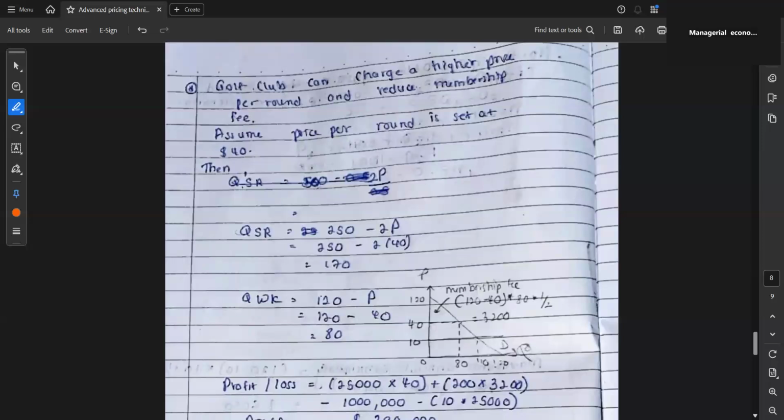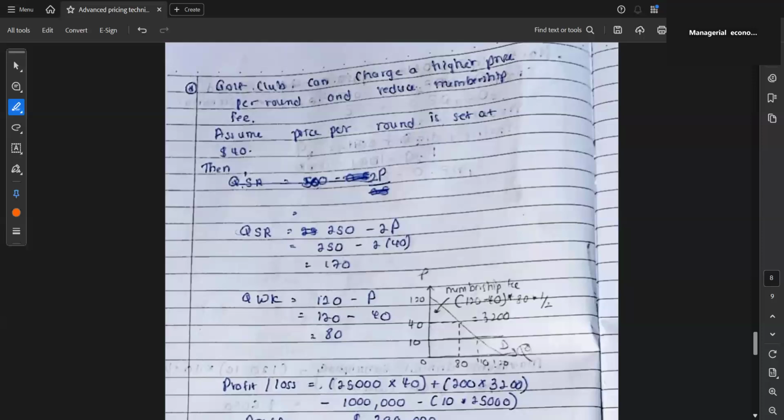So let's assume the price per round is set at $40. Before that, the price for a round was $10, that was the marginal cost. But now we are setting it at $40, and the membership fee will be much lower, which is equal to the consumer surplus, 120 minus 40, this triangle.